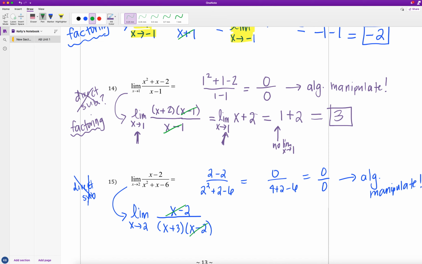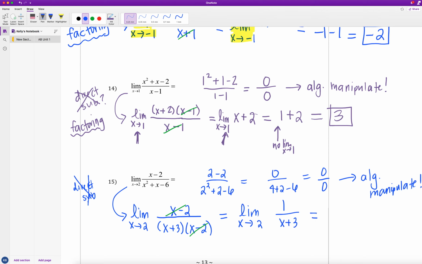Conveniently, we can see this ends up working out each time here. The x minus 2's are canceling, which is what's really giving me that issue of having a 0 in the denominator. Because the x plus 3, when I sub in 2 there, I get 5, and that's okay to have in the denominator. I have not directly substituted in yet, so I want to make sure I'm still writing the limit as x approaches 2 of 1, which is what I'm left with in the numerator, over x plus 3.